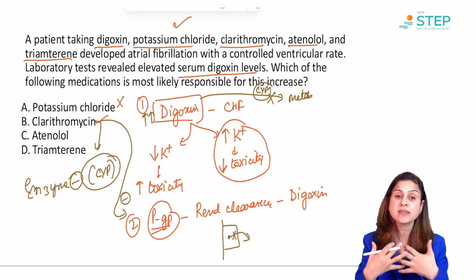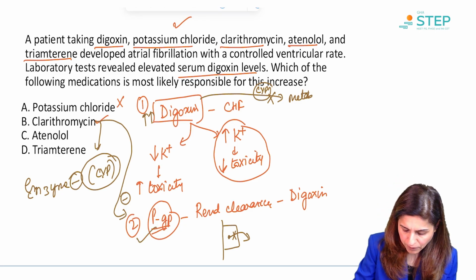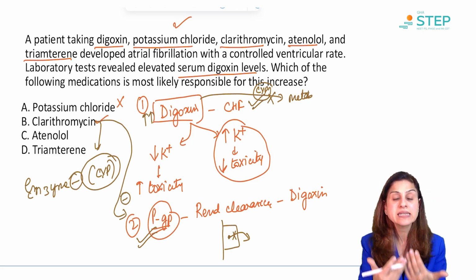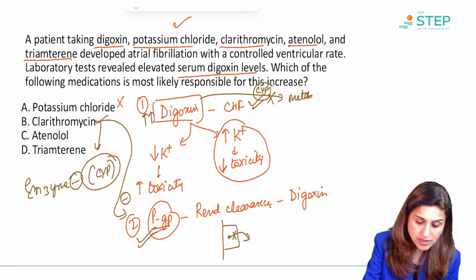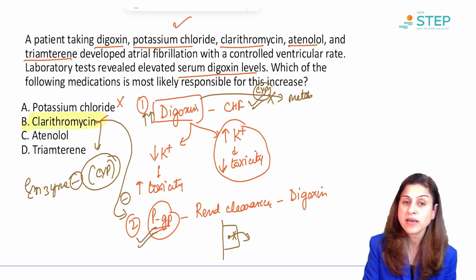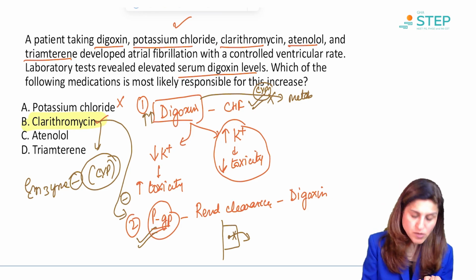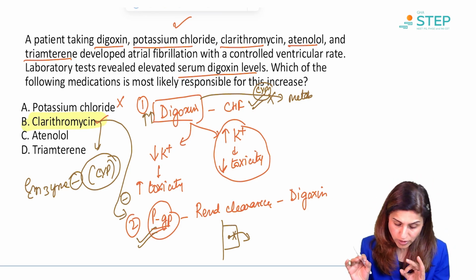So there is an increase in the serum levels of digoxin. So by both these methods, number one and number two, clarithromycin is increasing the levels of digoxin in the body. So your correct answer here is clarithromycin. Why? Because it is a CYP inhibitor as well as a P-glycoprotein inhibitor. So a very important point to note.